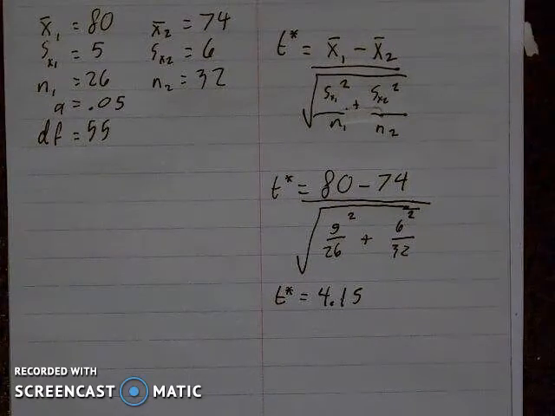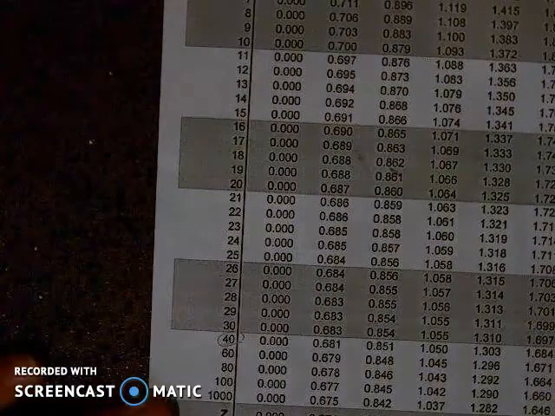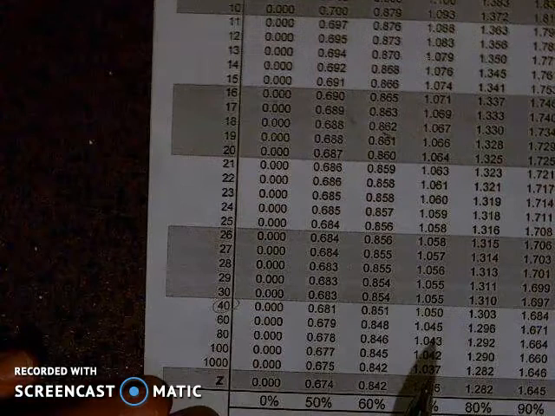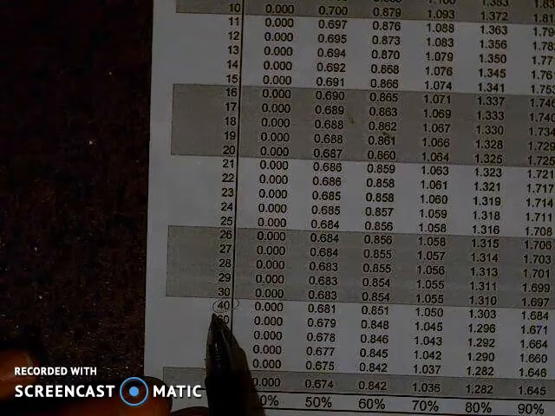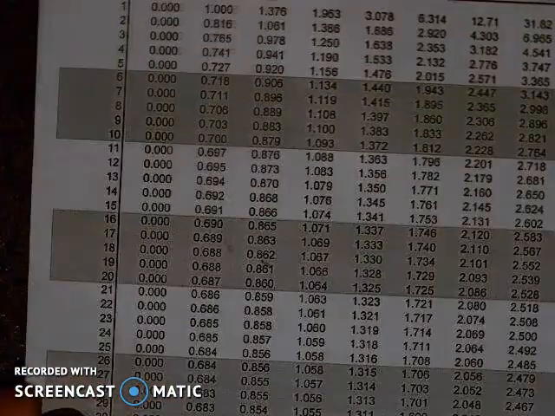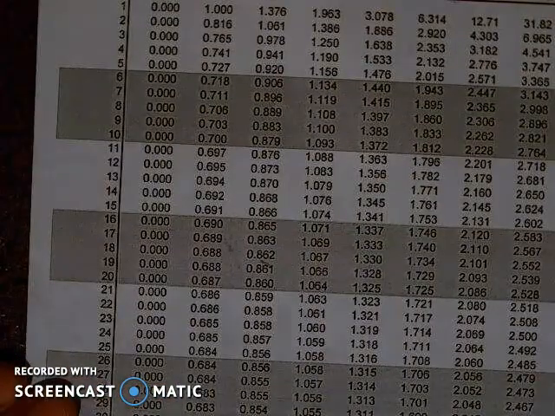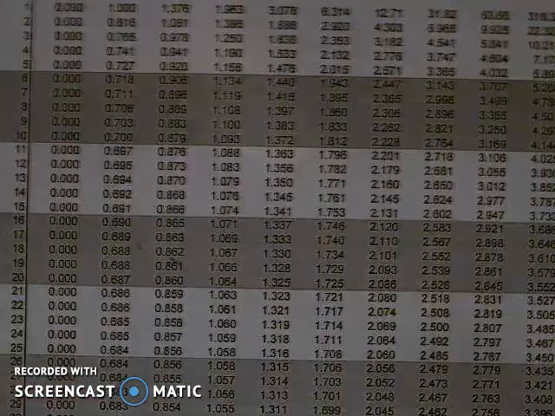Now, the degrees of freedom, we said were 55. So what we have to do is on the degrees of freedom row, we try to find 55. Again, we know that there's not going to be any 55. So we'll go to the next lowest value down on 40. And then we go to the right until we find a T that matches what we're looking for.